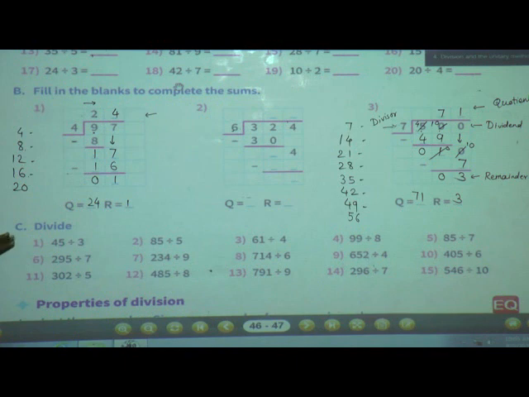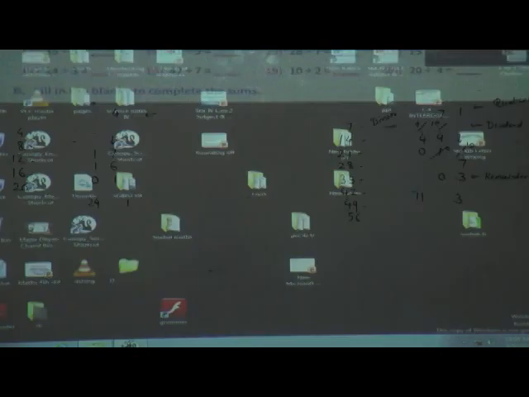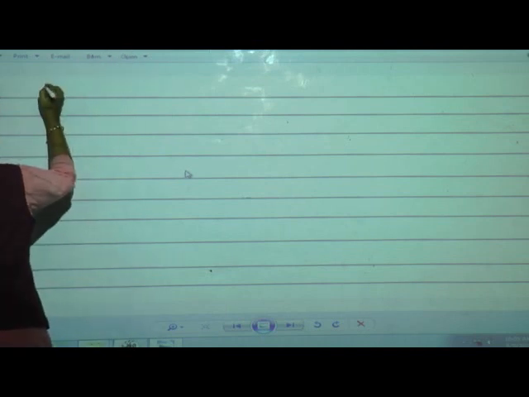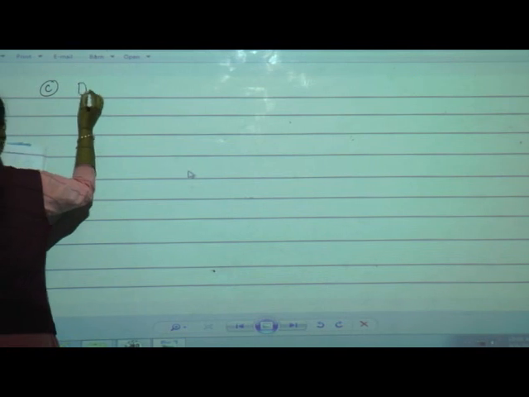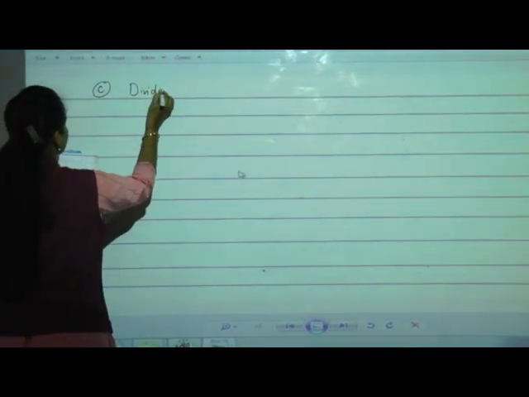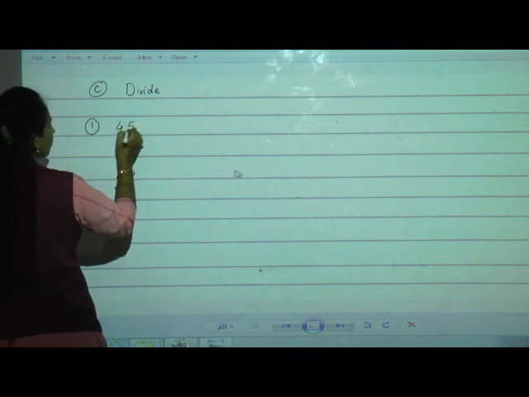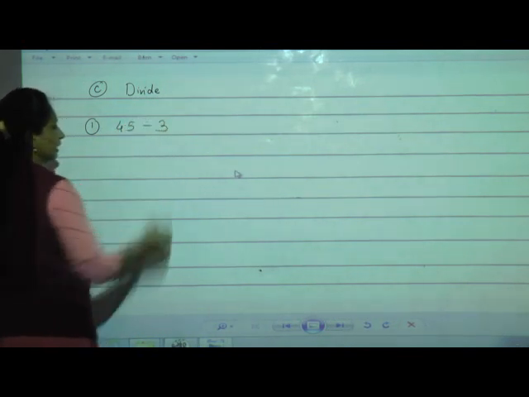Now we will go with the C question. What is the C question? Divide. First one I will take. 45 divided by 3.